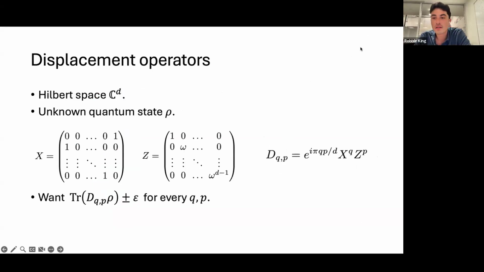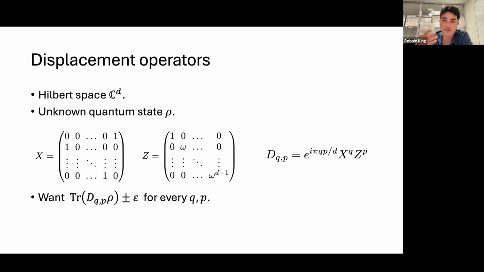Okay, so operators which you can also consider forming a nice basis of Hilbert space, and in this case, we'll think of the Hilbert space as C to the D, so a D-dimensional Hilbert space, rather than n qubits.